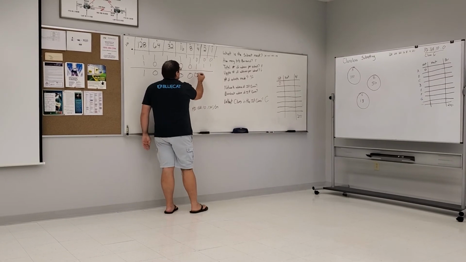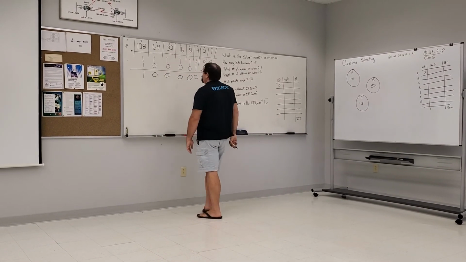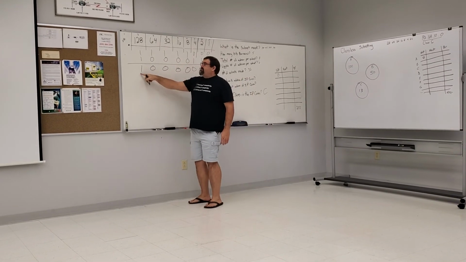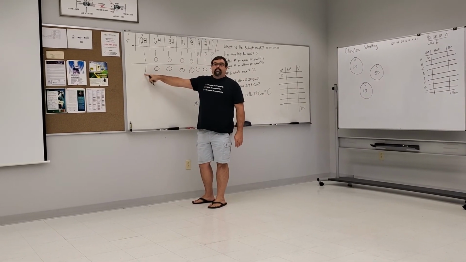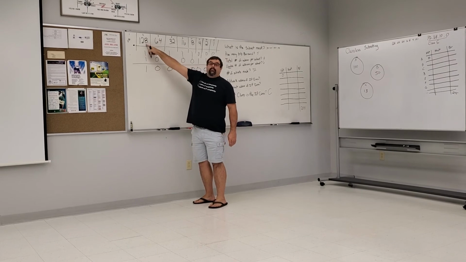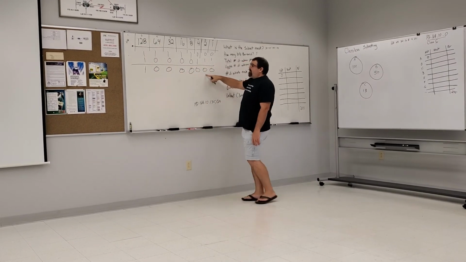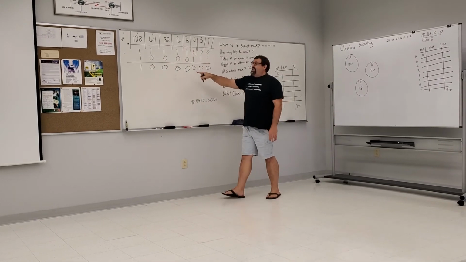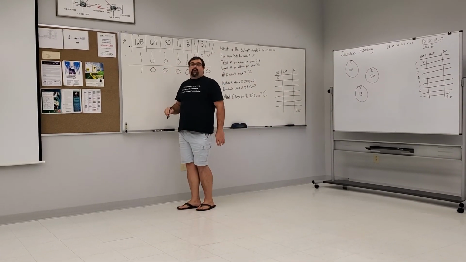So no, I'm still not happy for any of those. So, if I take all of this and I look at it, what is the value of the bit turned on? If I added all of these values together, what's the answer? 128, because that's the only bit that's turned on.